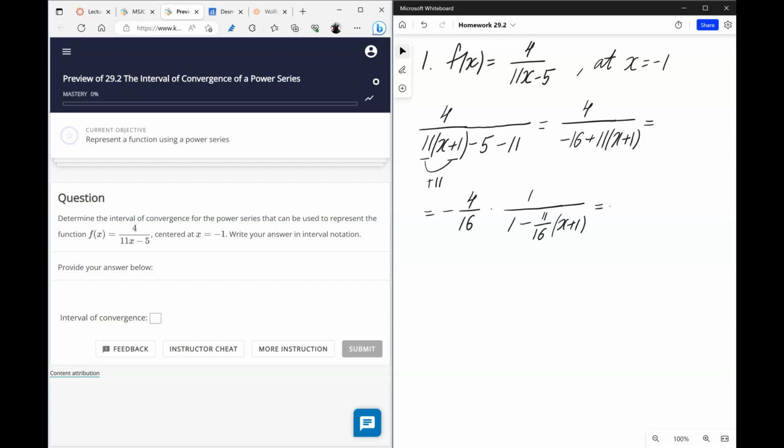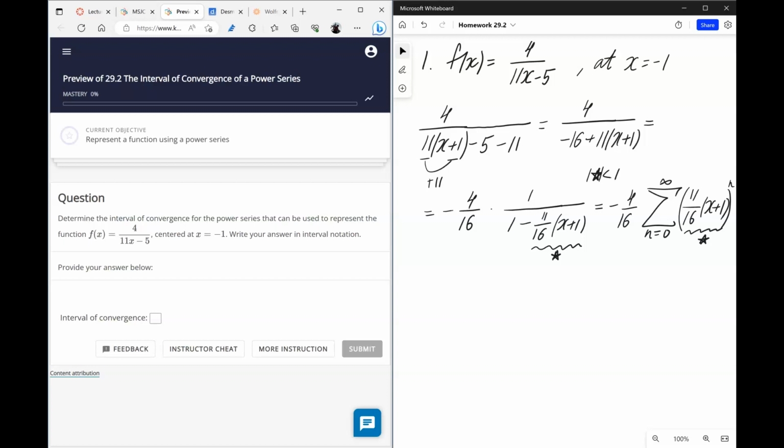And here I'm going to use the identity, but the identity that I'm using here can only be used when this, let's call it star, is less than 1. And this is where we're going to get our interval of convergence.